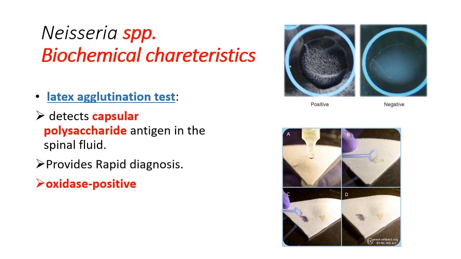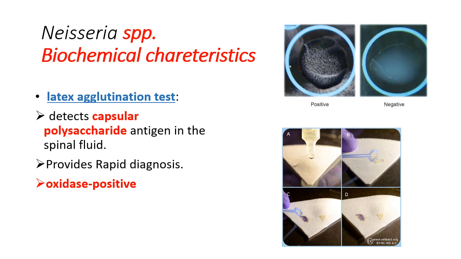We call it phenylenediamine that turns into purple or black, and that's as a result of the oxidation process that is happening in the reaction, and it will give you a purple color. So these are the most important characteristics or takeaways from the gram-negative cocci.